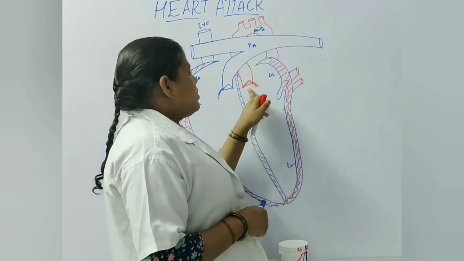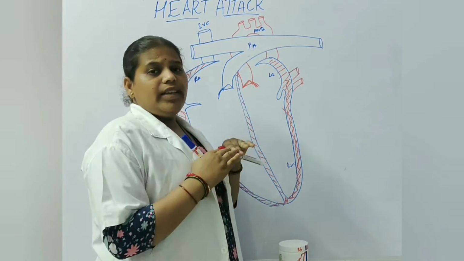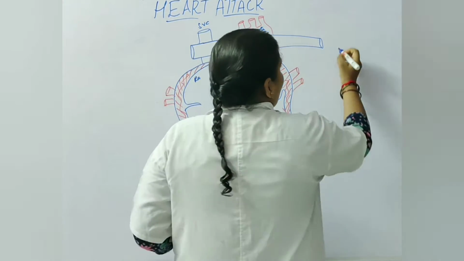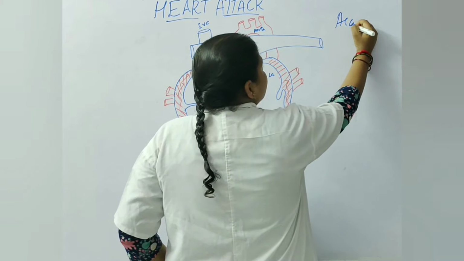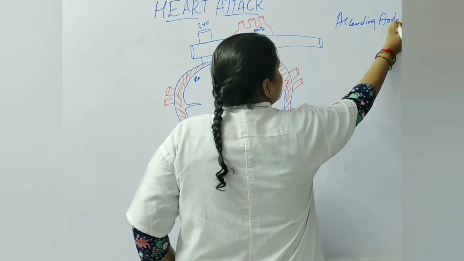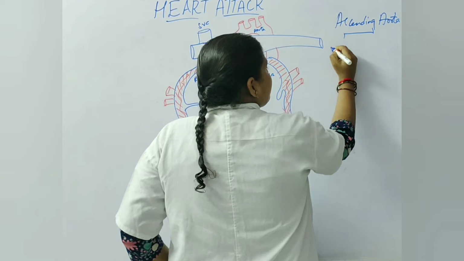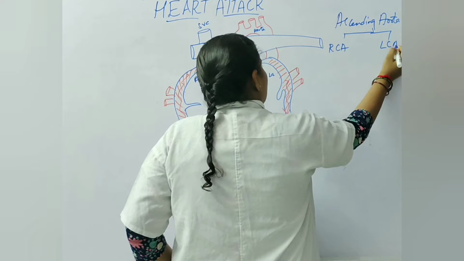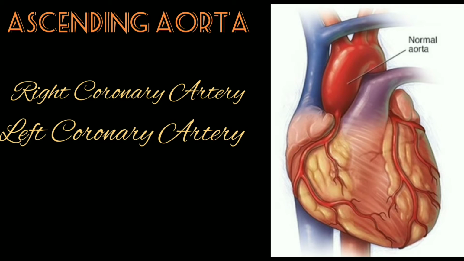Now this ascending aorta divides into the right coronary artery and the left coronary artery. Here we can observe that the ascending aorta is divided into the right coronary artery and the left coronary artery.